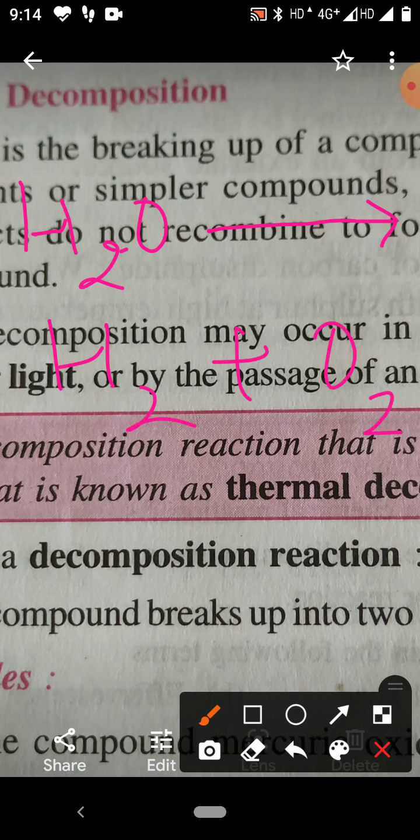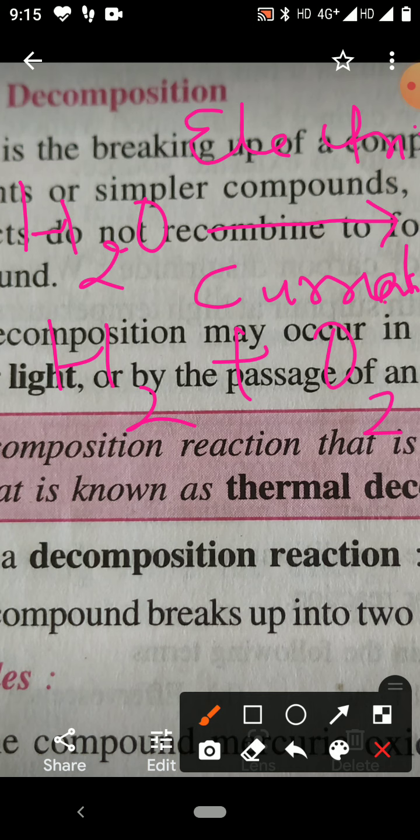By electric current. Electric current will break water into hydrogen and oxygen. This is called electrolytic decomposition reaction.